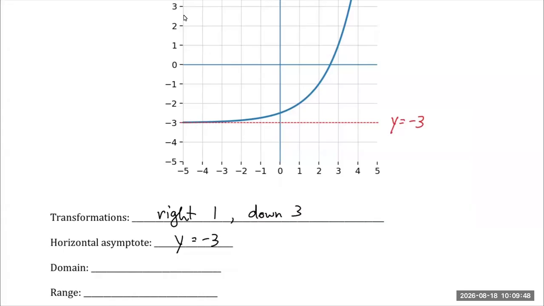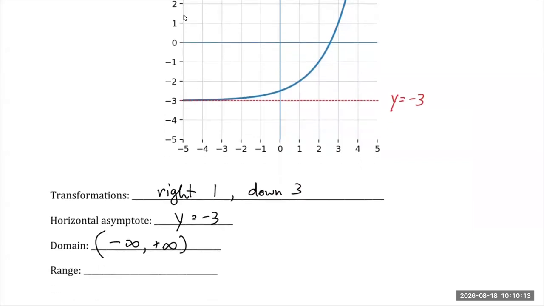What's the domain going to be? The original domain was from -infinity to +infinity. When you shift everything right by 1, that doesn't really affect the domain. We're still going from -infinity to +infinity. The range, however, for sure will be affected. Our old range was from 0 to +infinity, but we're shifting everything down by 3.